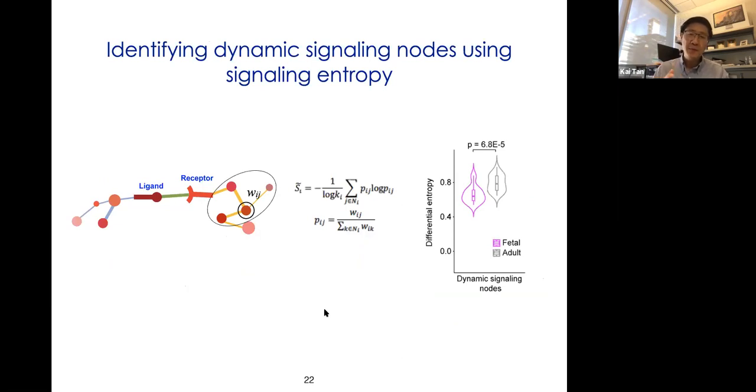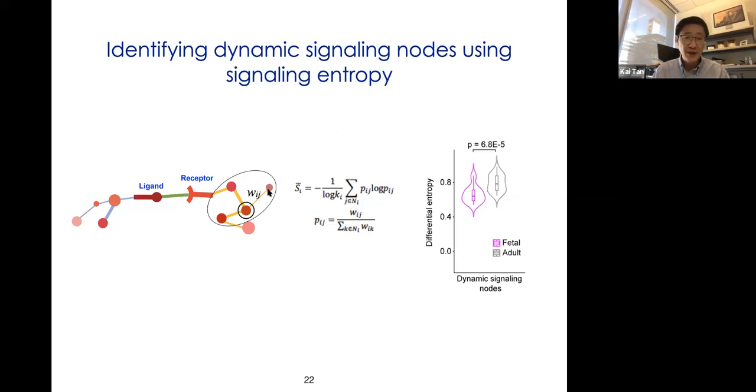Again, remember we want to identify a rewiring event for the gene in the network, in the pathways. So we calculate this metric called the signaling entropy shown here. For instance, for this node in this predicted pathway, we can calculate its signaling entropy using this formula.